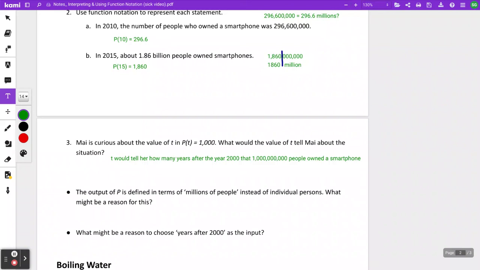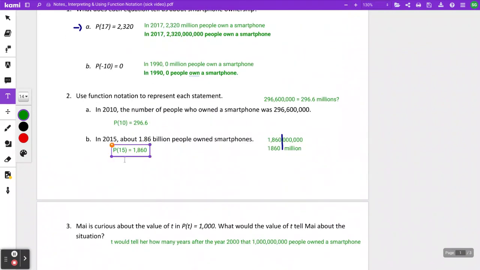I think the answer is really kind of the same for both of them. By focusing on these measurements we're using, and using the measurement millions of people instead of just number of people, and years after 2000 instead of just what year it is, it helps because it makes the numbers we're working with a lot smaller.